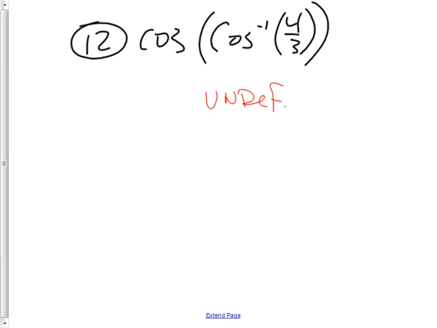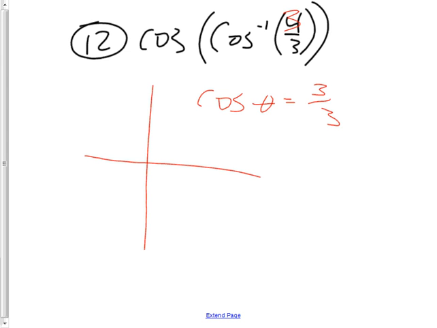Yes? For these, if it's not undefined, but it's not one of the recognizable triangles, what would you do? Okay, when you get the kind, like let's say this had been a 3/3, you'd say, all right, cosine of theta equals 3/3. Then I would figure out where I must be. Well, 3/3 is equal to 1/1, right?